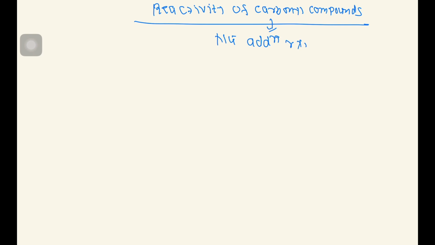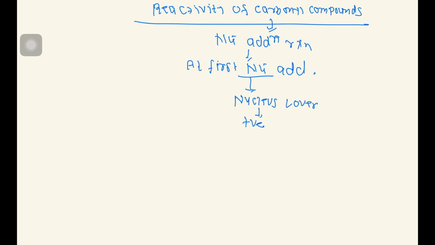It means nucleophile adds at first. Nucleophile, simply you can say, nucleus lover. It means it attacks on positive charge lover.